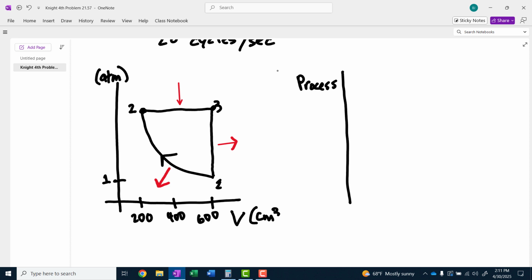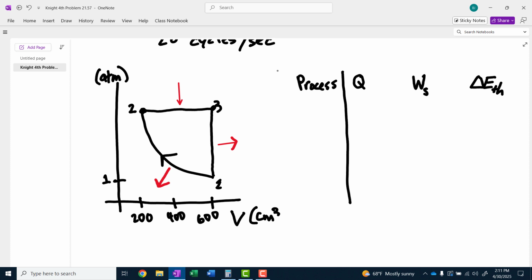And individually, you'll want to calculate the heat transferred, the work done, and I'm going to talk about the work done by the system. You could look at it either way, work done on the gas or work done by the gas. We'll go with work done by the gas, WS for system. And then lastly, the change in thermal energy, because it's going to be interesting to talk about all 3 of these.